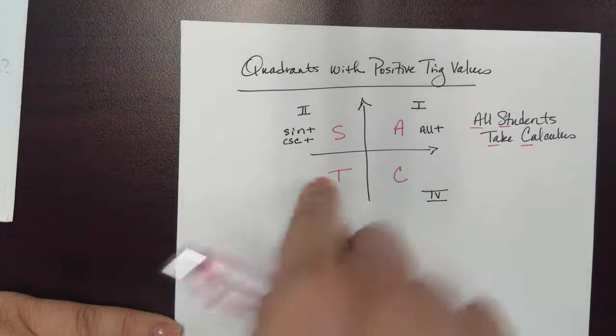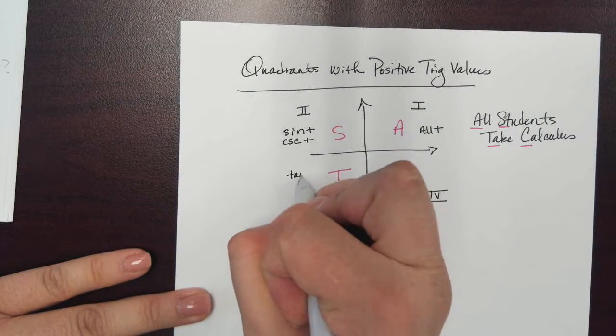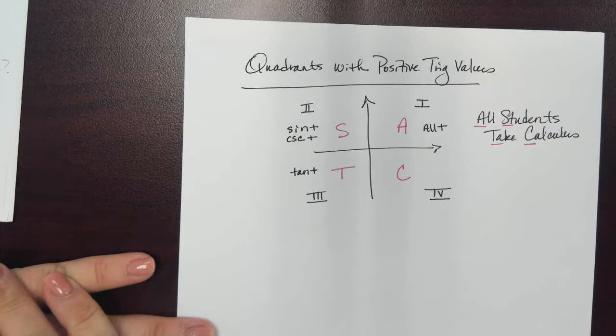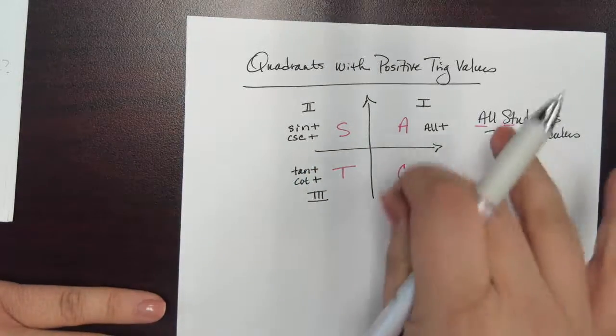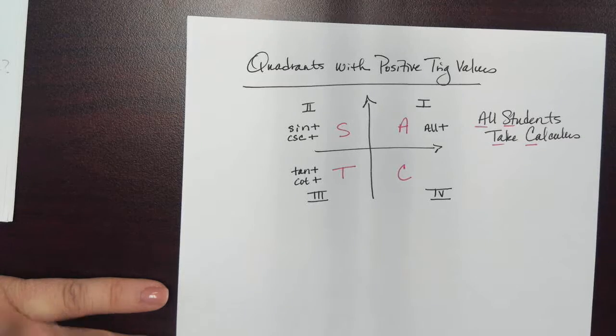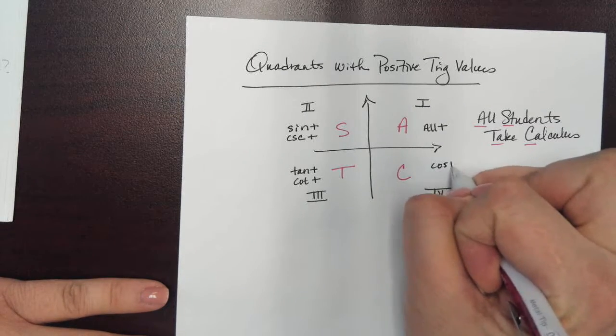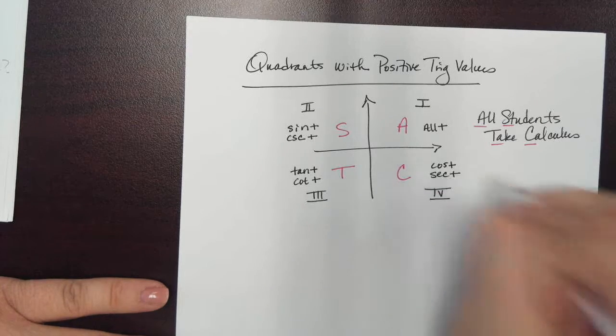The T, what is the T meaning? Tangent is positive, and if tangent's positive, what other one is positive? Cotangent. The C is telling us cosine is positive, and if cosine is positive, secant is also positive.